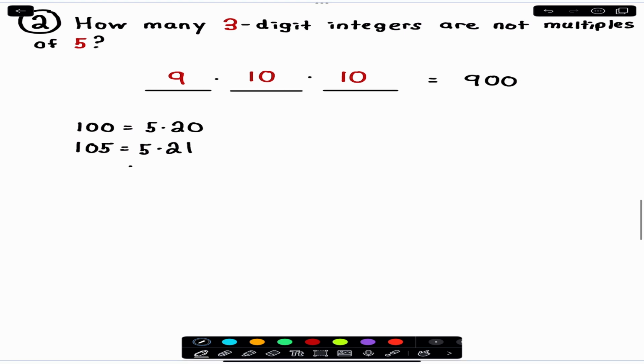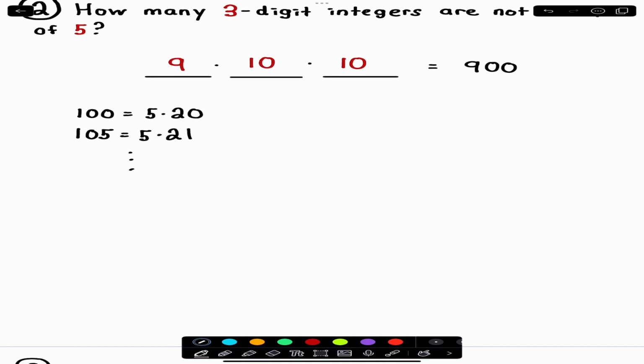So this is great. This keeps going until, when do we stop? Let's see, 1000 is a 4-digit integer. Not interested in that. But the multiple of 5 just before that is 995, which is the same as 5 times 199 when you break that down.